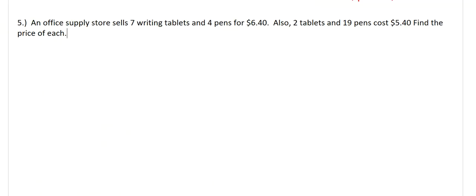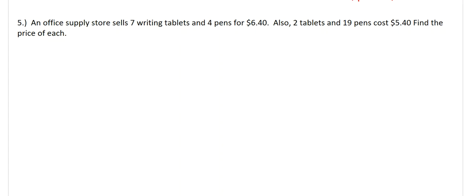We're going to take a look at number 5. This talks about an office supply store selling 2 objects, 7 writing tablets and 4 pens, and that cost would be $6.40. Whereas 2 tablets and 19 pens cost $5.40. Find the price of each.